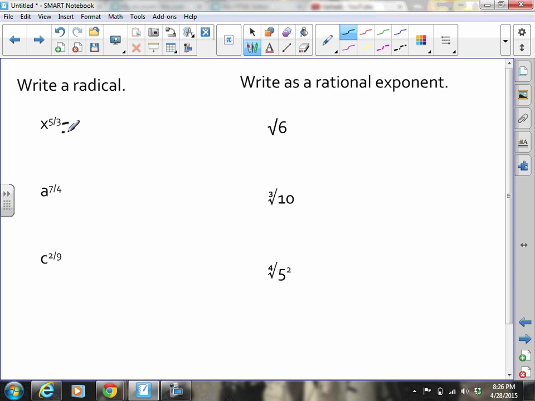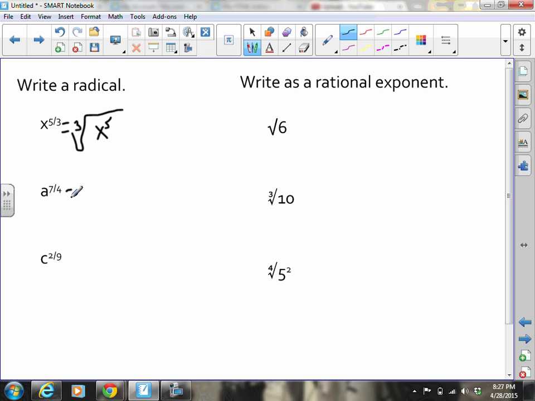Using the definition of a rational exponent, we can rewrite this as a root or as a radical. The number on the bottom of your rational exponent, or in its denominator, would represent the root of my equivalent expression. So I could say x to the 5/3 is the same as the cube root of x to the 5th. I've still got my exponent of 5 and my exponent of 3 represented, but they're in different locations now, but these expressions are equivalent.